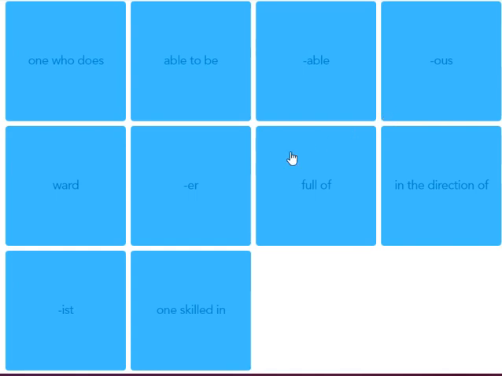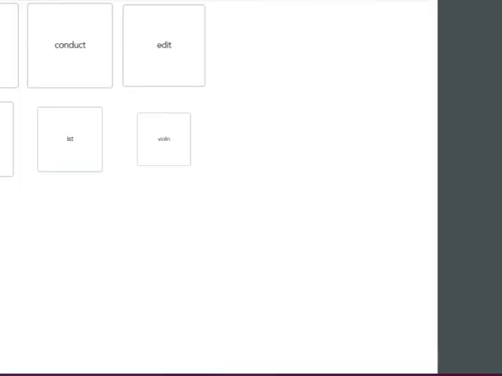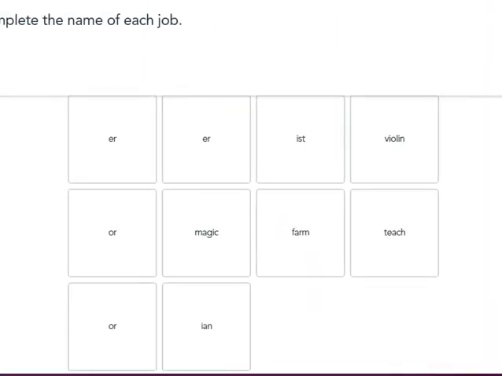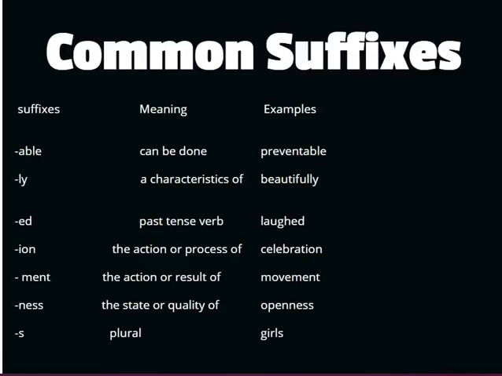So in this lesson, we learned about suffixes, how they change a word. We learned about what the suffixes really mean when added to an occupation, we saw some common suffixes.